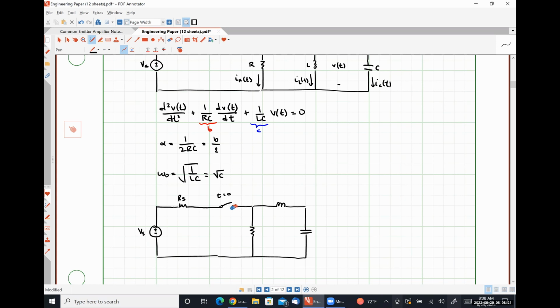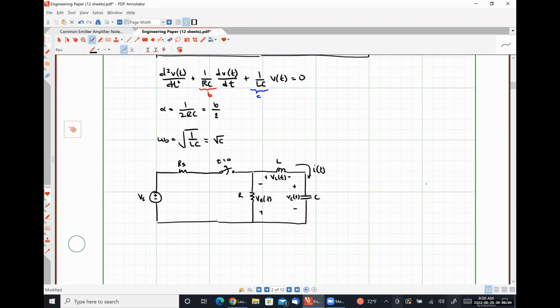Actually, let me make this switch open just for sake of argument here. Here's R, L, and C. Here's our current I of t. We defined VC of t with this polarity, VR of t with this polarity, VL of t with this polarity.